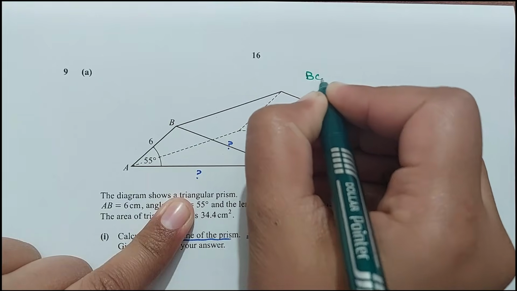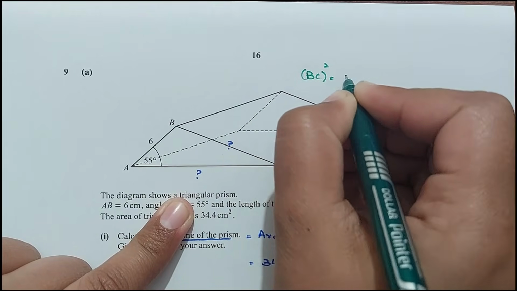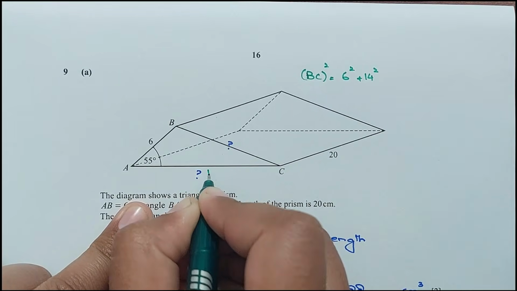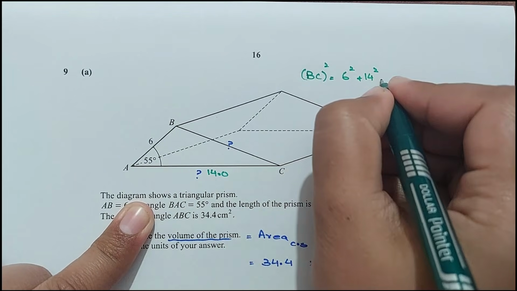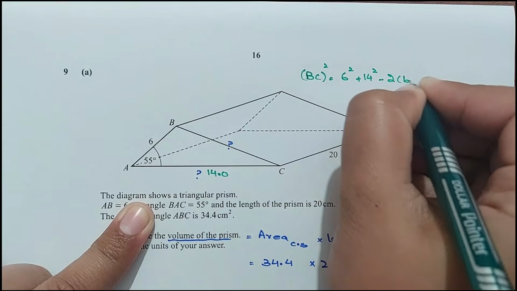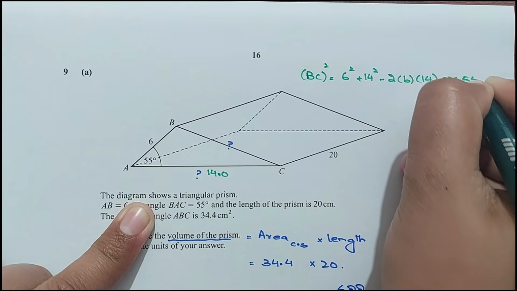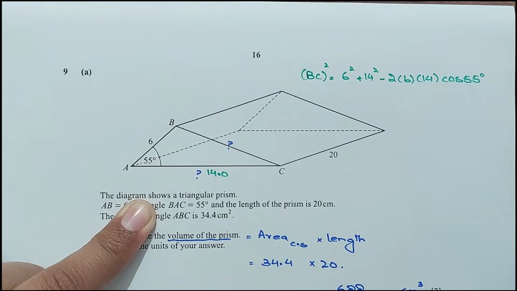So BC square is equal to 6 square plus 14 square, because this side is 14.0 we got, minus 2 into 6 into 14 and cos of the angle, which is 55 degrees. Okay, let me simplify.